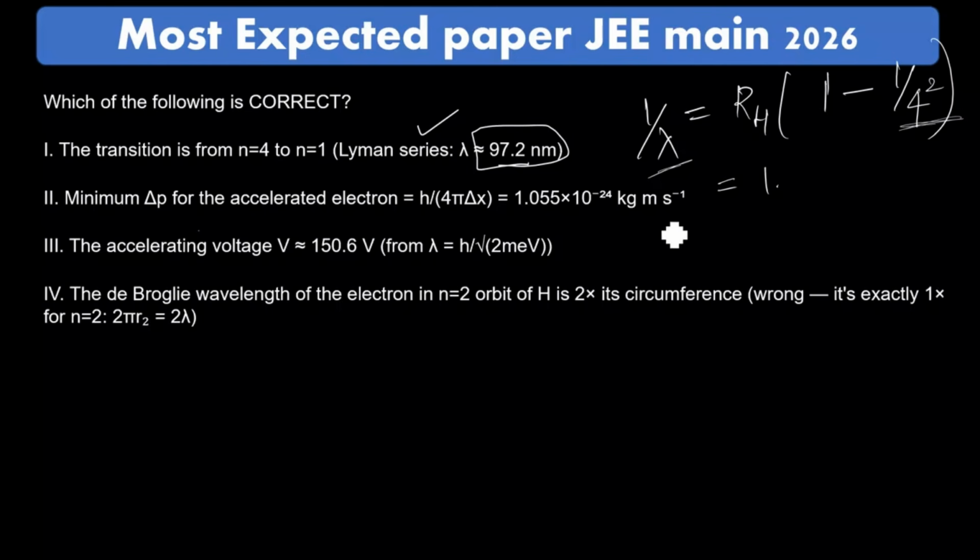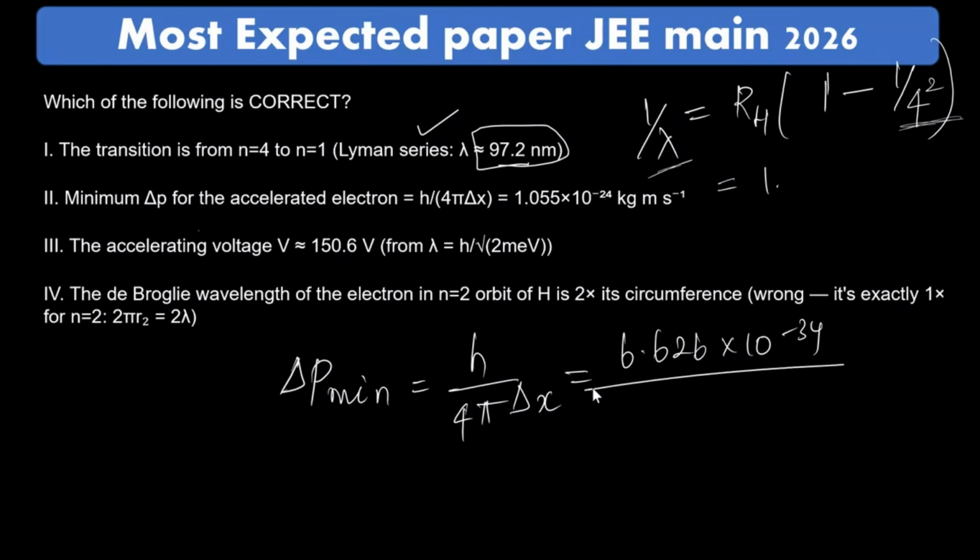And the second one, the minimum delta P of the accelerated electron. We know that delta P minimum equals h by 4 pi delta x, right? So substitute the value 6.626 times 10 to the power minus 34, and 4 pi into the delta x value. What is the x value given?